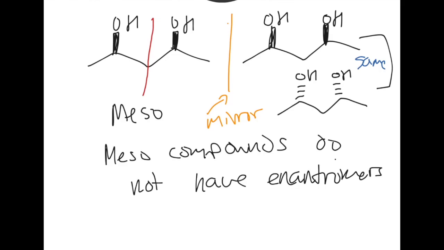Because if you imagine just flipping this molecule over, grabbing it by the end and going like that, everything that is up will become down, and everything that's down will be up. So these OHs are pointing away from you, pointing down. When I flip it over, they're now pointing up. So they're going to be the exact same thing. So meso compounds do not have an enantiomer.